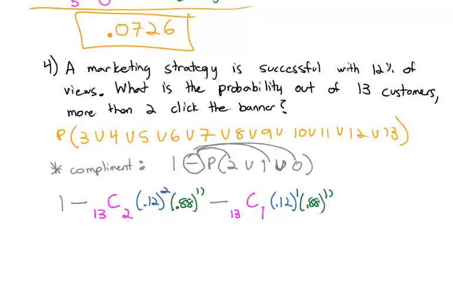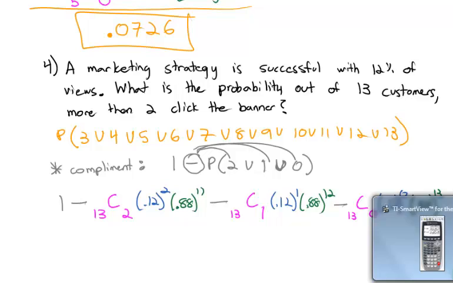We want that to happen 12 times. Minus, also subtracting out the 13 with choosing 0 of them to buy the product. Probability of 12%, we want that to happen 0 times. Probability of 88%, 0.88, we want that to happen 13 times. 13 minus 0.